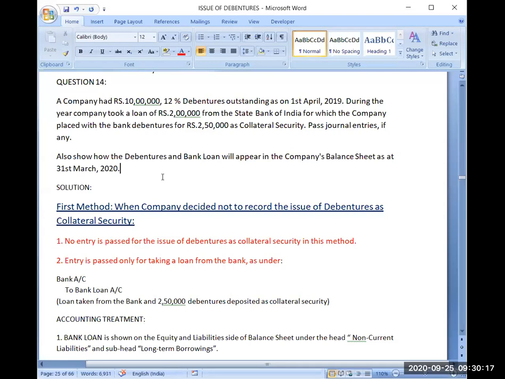State Bank of India. Sometimes the question doesn't give you the name of the bank, but here it is specifically given from where you are taking the loan.